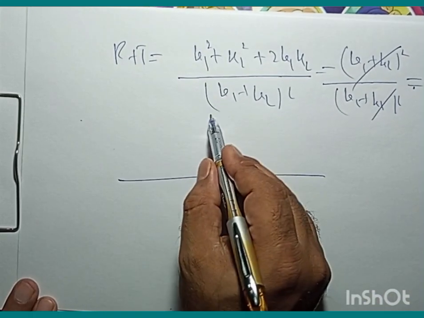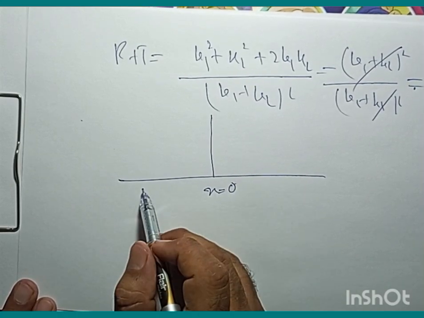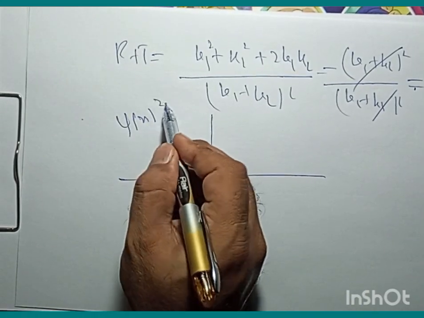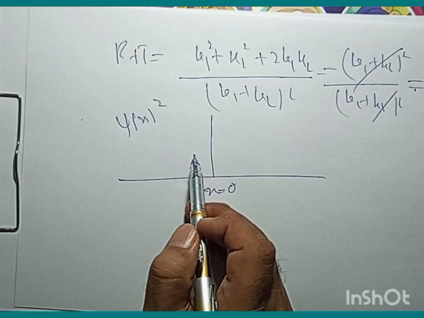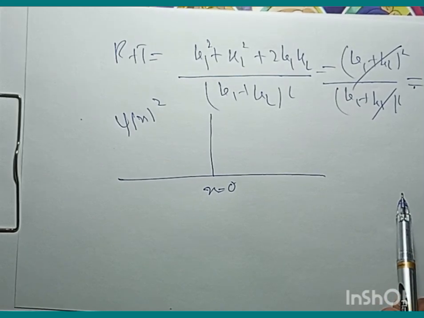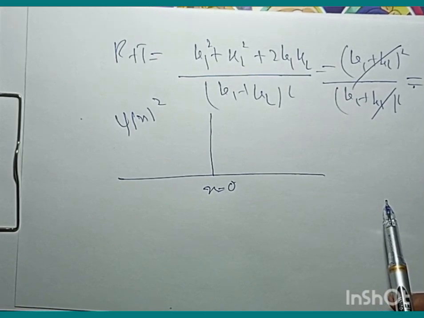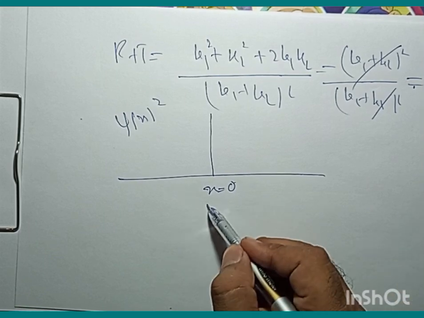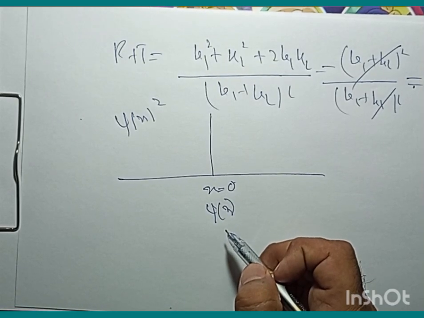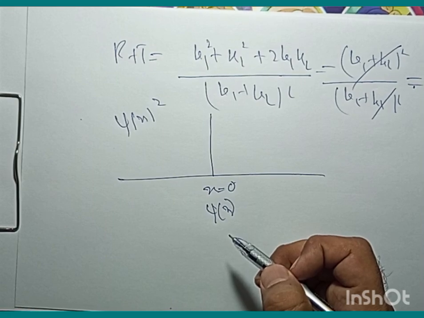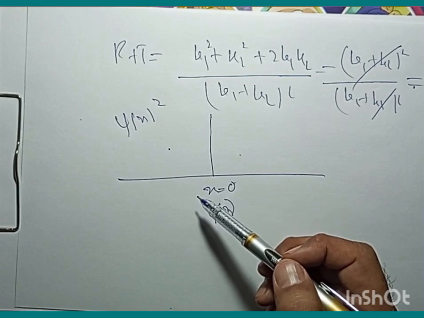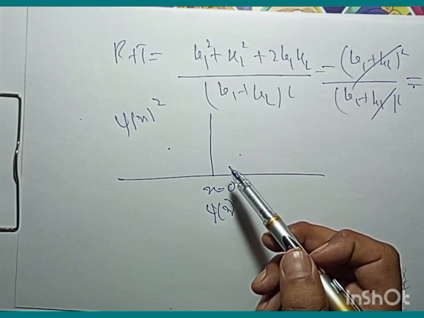We have a potential step at x equal to 0, and since the probability density, say psi of x squared, of finding the particle in any small region varies continuously from point to point, the wave function psi must also vary continuously. Therefore, psi must be a continuous function at x equal to 0, and since the linear momentum must be a continuous function of x as the particle moves from left to right, the first derivative of this wave function must also be continuous at x equal to 0.